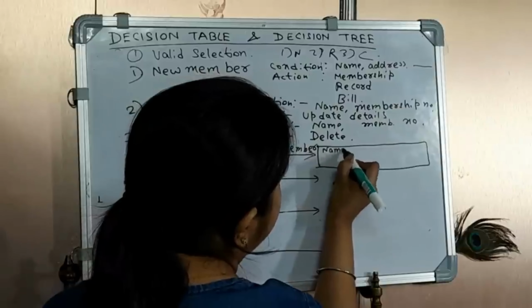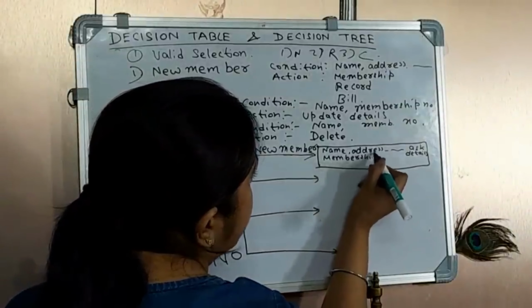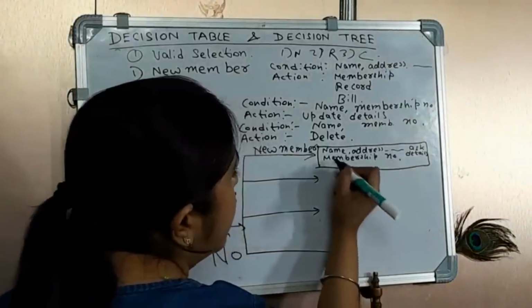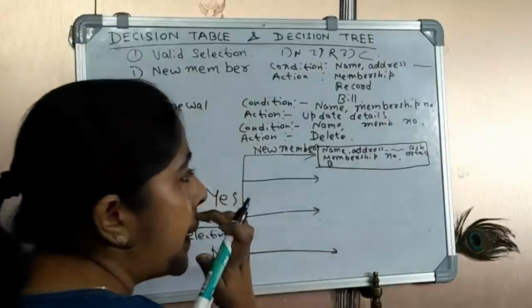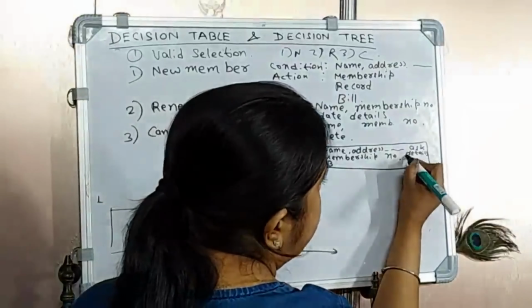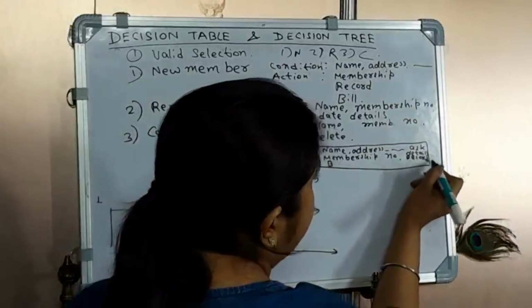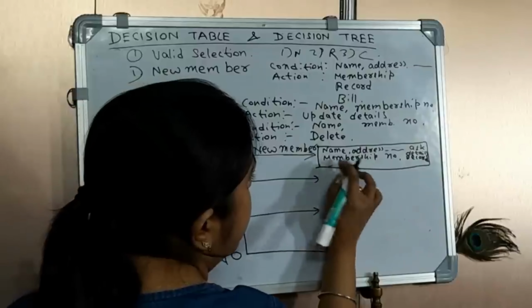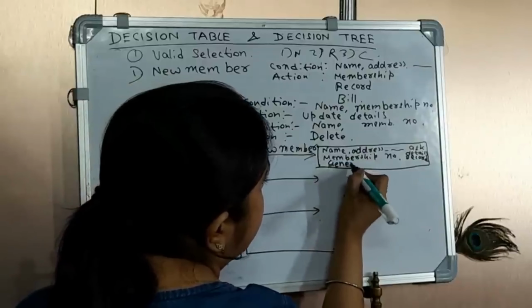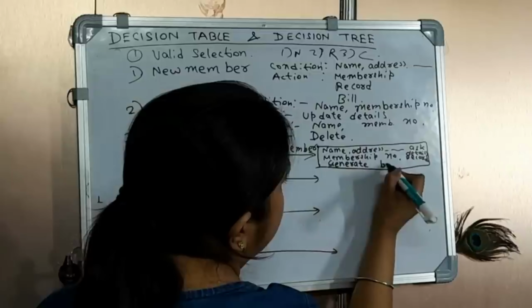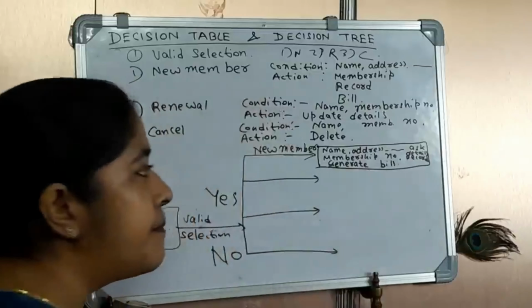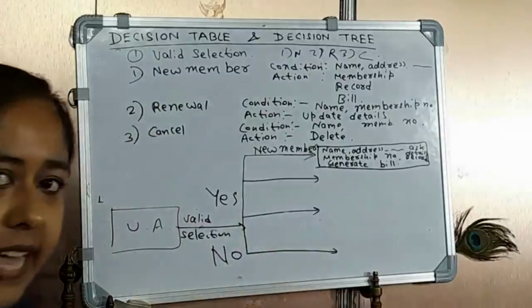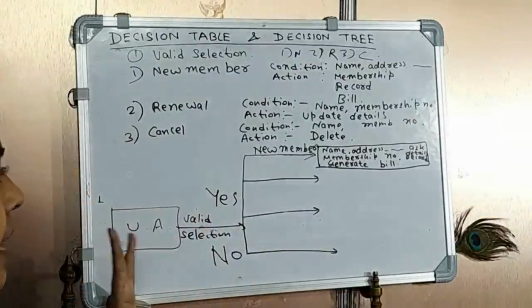Then they will give me a membership number, and they will make my record. Then they will generate a bill of whatever fees I am paying.